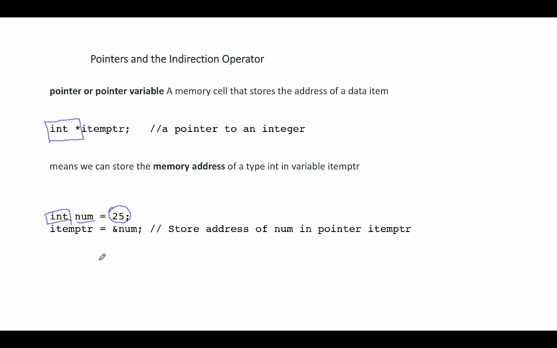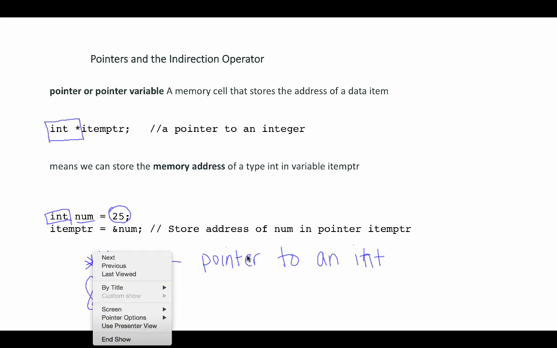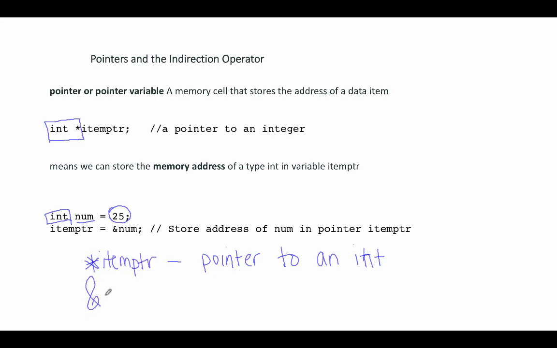So you could say value at item PTR. That's going to change a pointer to an integer. And if we took num and we put an ampersand in front of it, that's going to change an integer to a pointer.